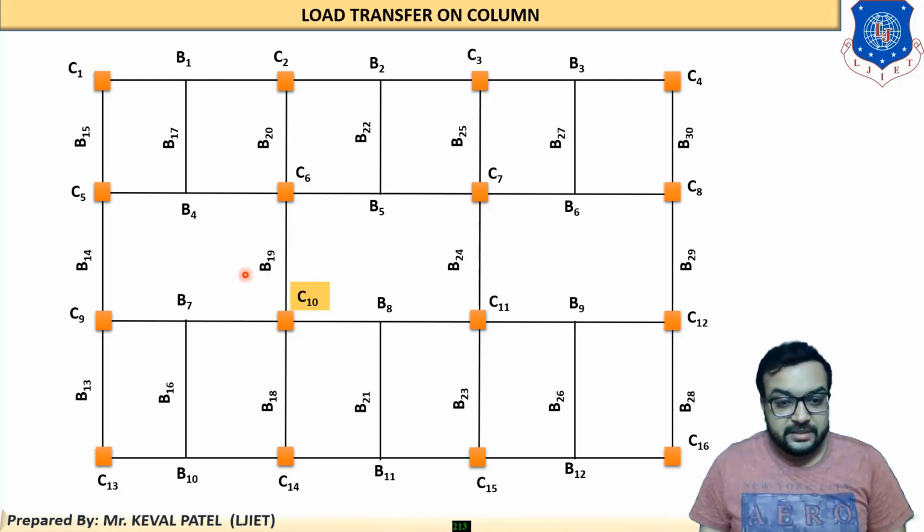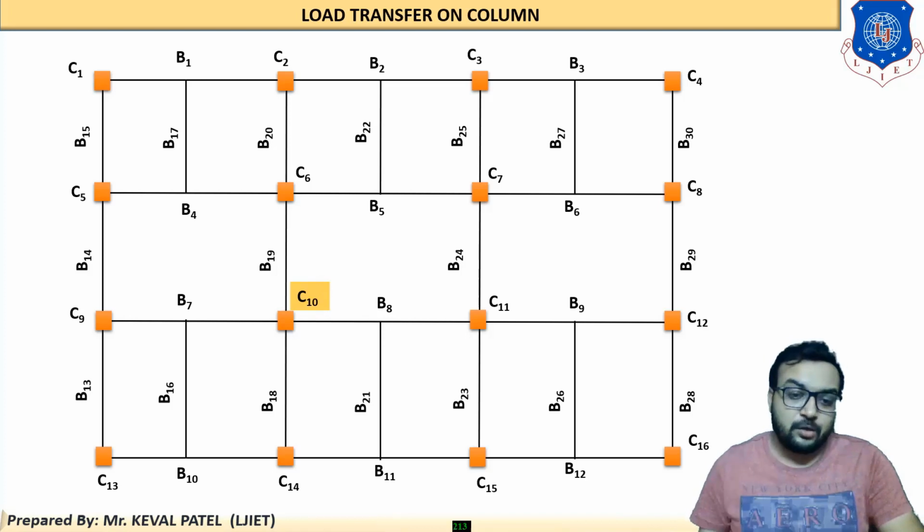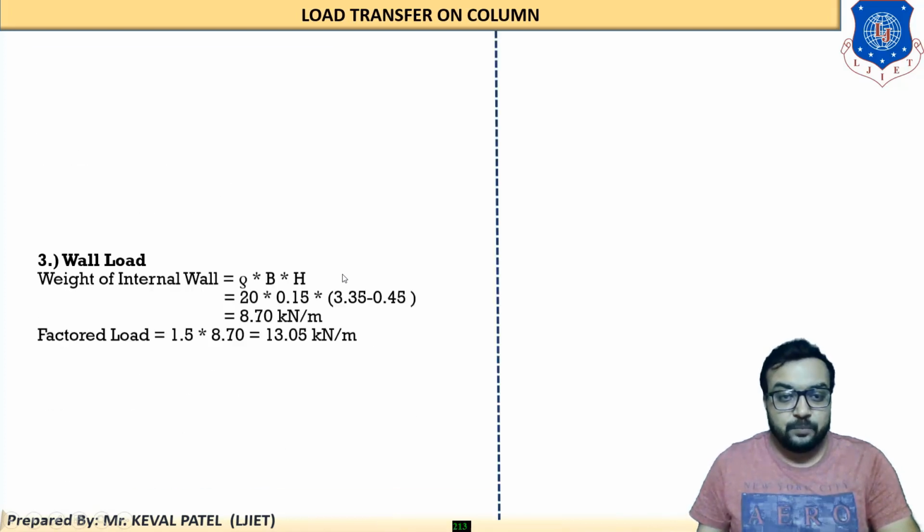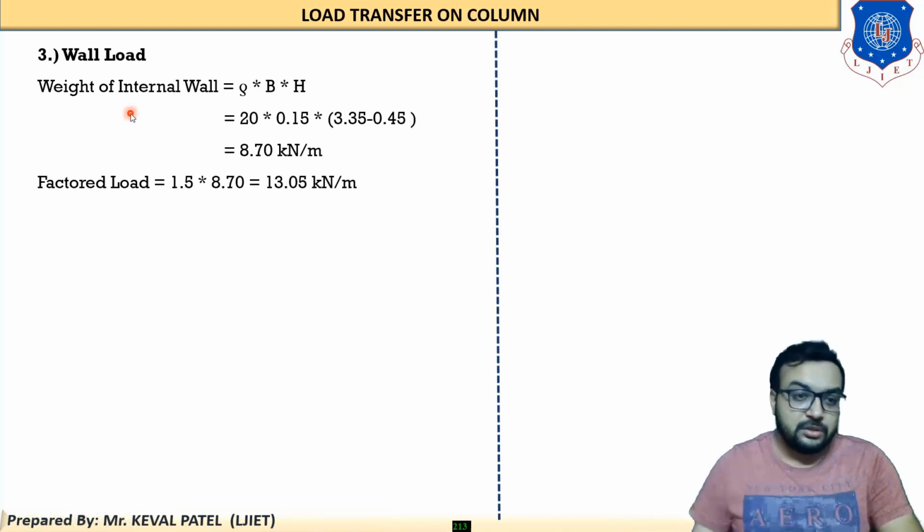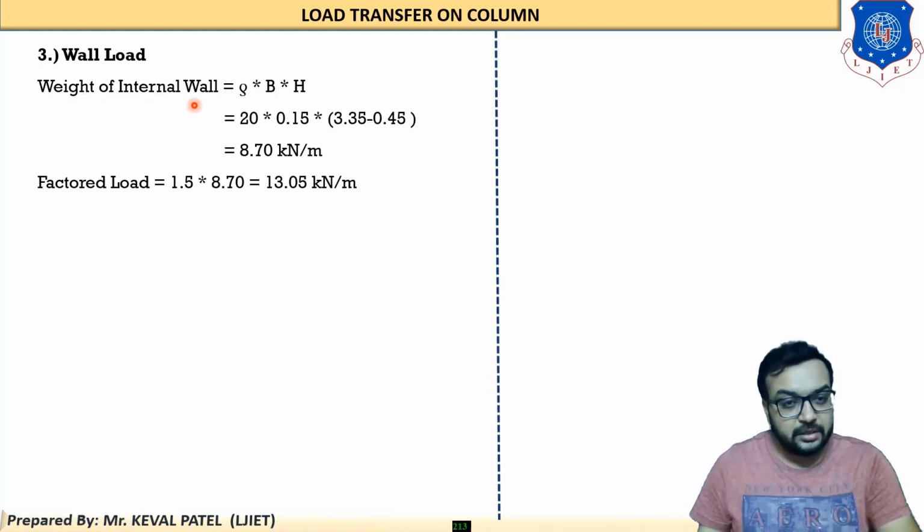So on C10, all the interior walls' load is coming. So while calculating column number C10's load, we have to assume an interior wall. So weight of internal wall is equal to rho into B into H. What is the value of rho? Rho means density of brickwork, which is 20, already given in the question.